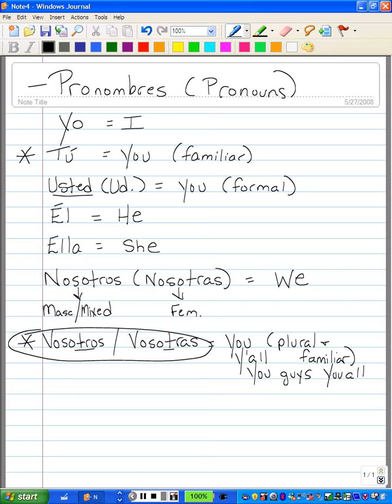In this book, they teach you the vosotros form and the vosotras form, and they teach you what to look for, how to tell which verbs are in the vosotros or vosotras form. But for speaking purposes and for activity purposes, they do not use the vosotros and the vosotras, because again, it's typically only used in Spain and in certain parts of South America.